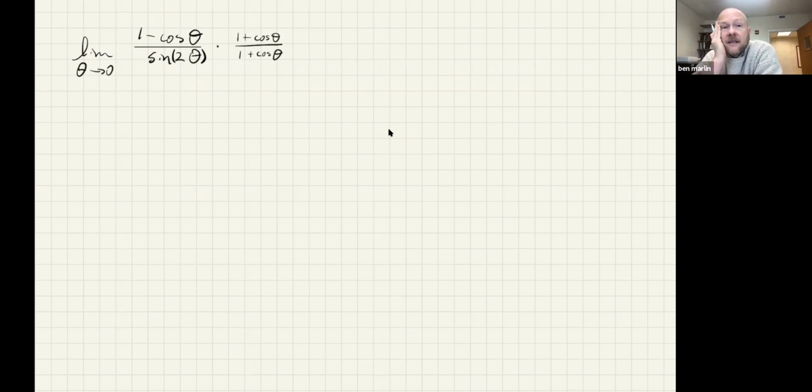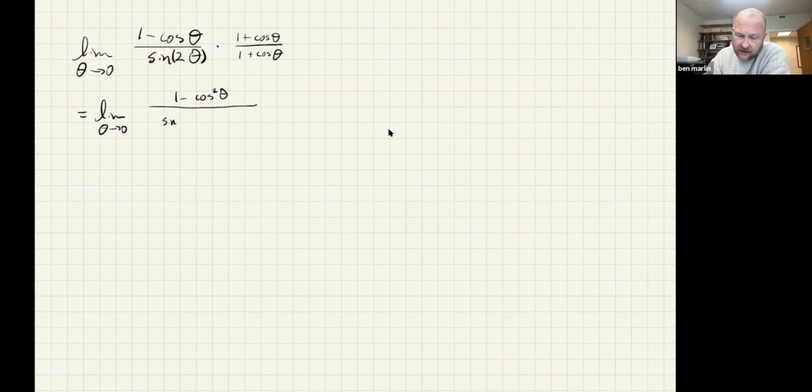The reason that we do that is that the top will now turn into 1 minus cosine squared theta. So basically, we've done something very much like multiplying by the conjugate. It's not exactly the same, but it's pretty close.